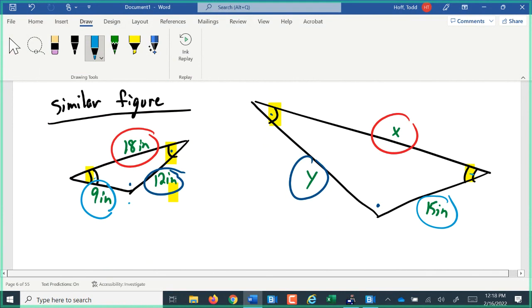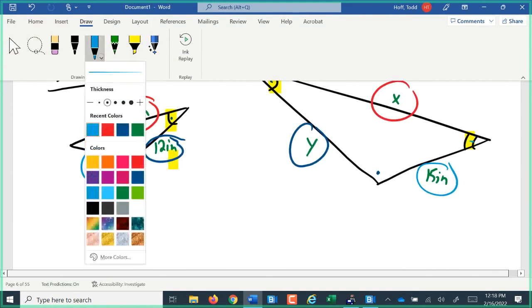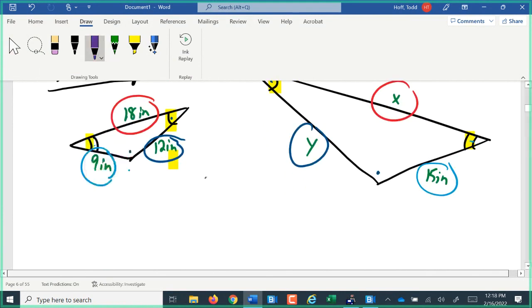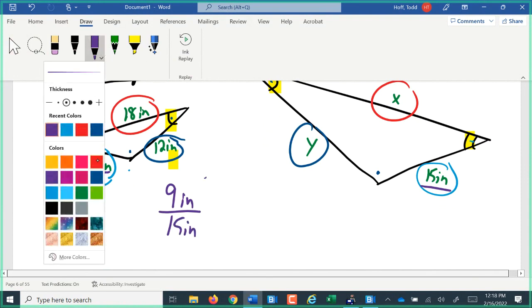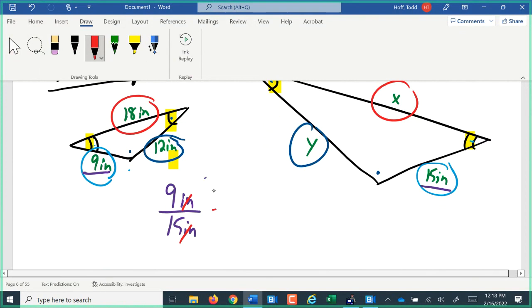Next, we need to select one pair that has both sides listed with the length. Well, we have the 9 inches compared to the 15 inches. Now, we could reduce this. Inches cancel out, both divide by 3. 9 divided by 3 is 3, 15 divided by 3 is 5.